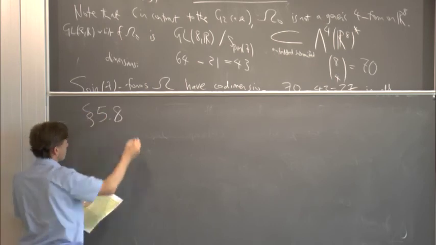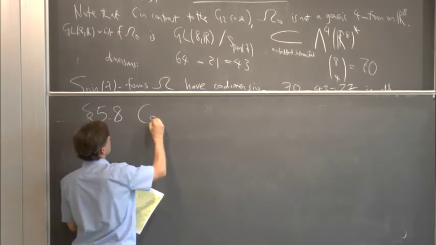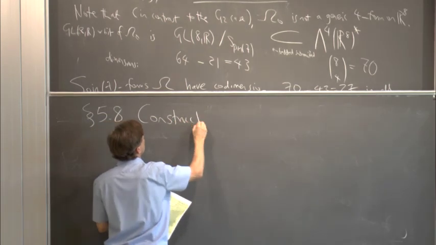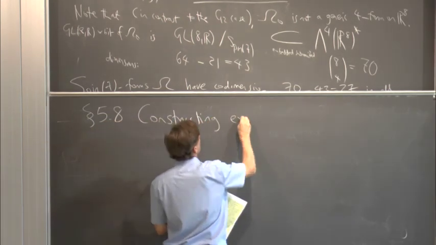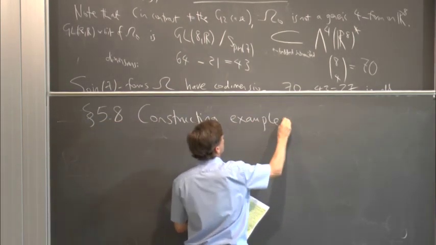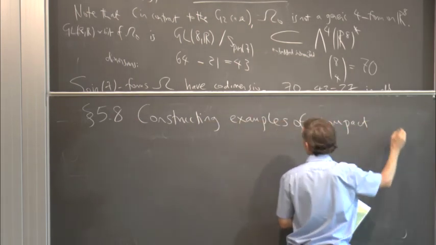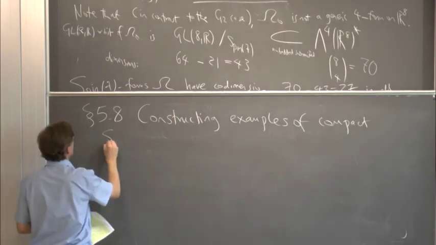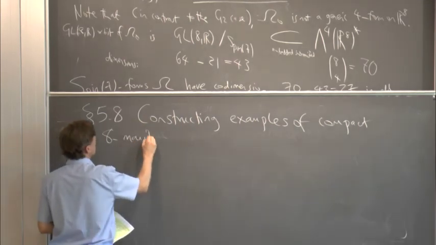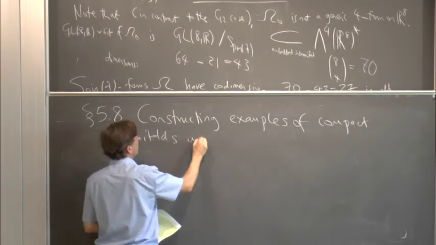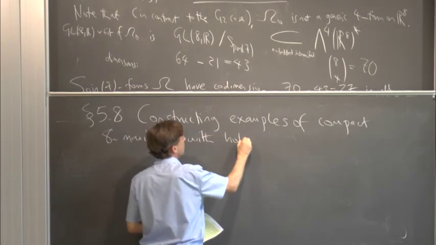So finally, we'll have a section 5.8 on constructing examples of compact 8-manifolds with holonomy Spin(7).